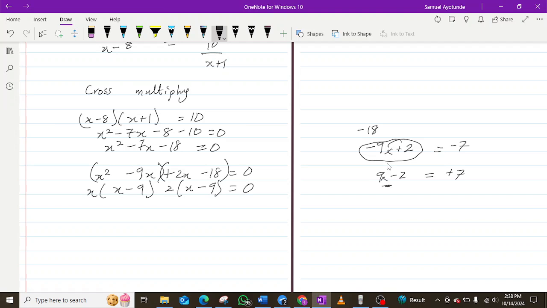So the brackets are the same, therefore we have x plus 2 equals 0, and x minus 9 equals 0. So from here, x will be equal to minus 2, and x is equal to 9. So our answers are minus 2 or 9.